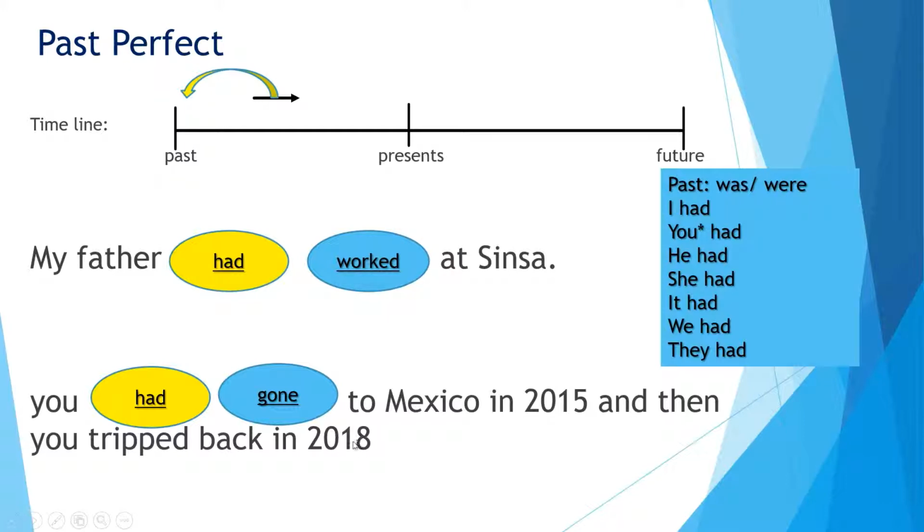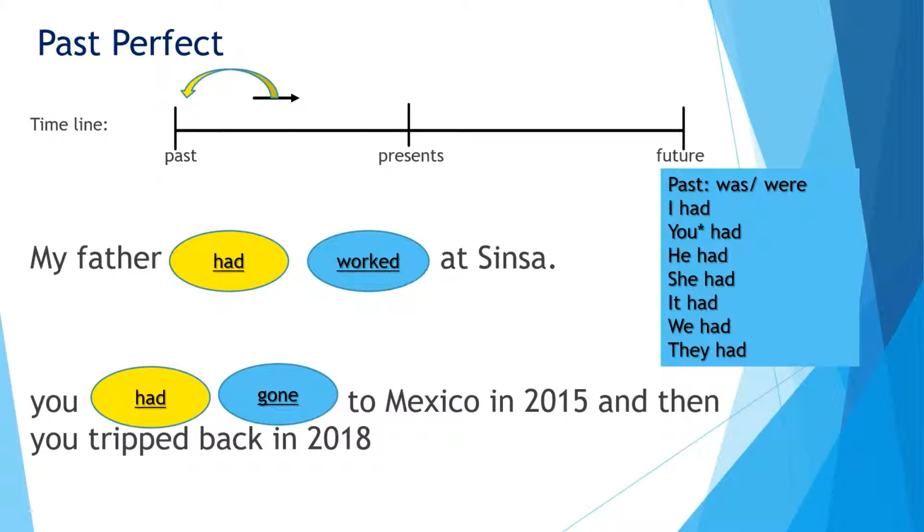Entonces, este año es un pasado, este es el año pasado, ¿verdad? Pero este es un pasado anterior y yo lo que estoy haciendo es conectar estas dos acciones, ¿verdad? Usando el pasado perfecto, ¿ok? Entonces, you had gone to Mexico in 2015 and then you tripped back in 2018, ¿ok?